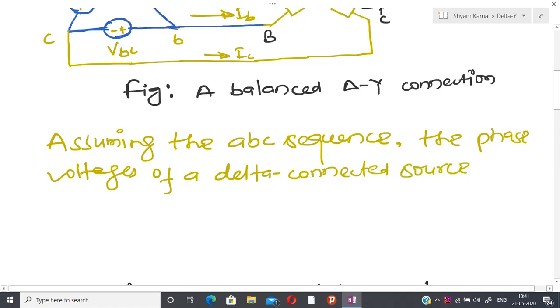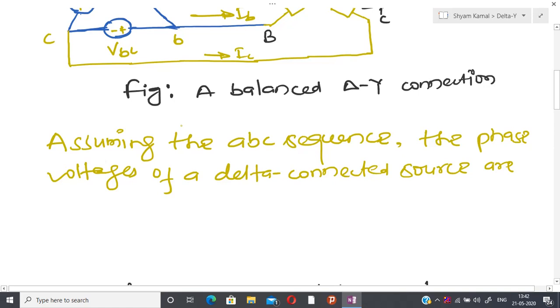Please again be careful with respect to the definition. Here I am talking about the phase voltage of the delta connected source, meaning I am calculating the voltage VAB.